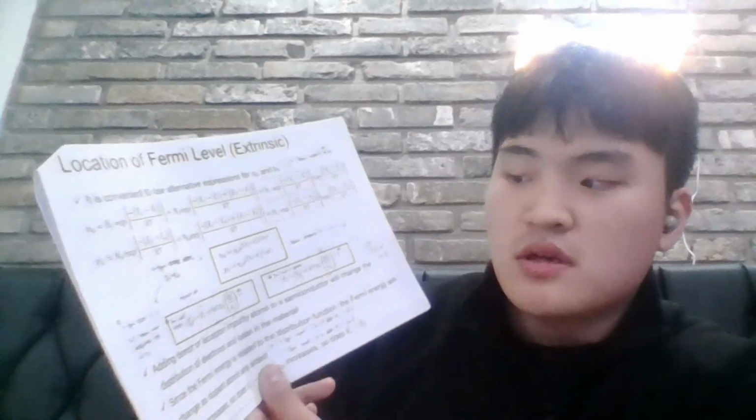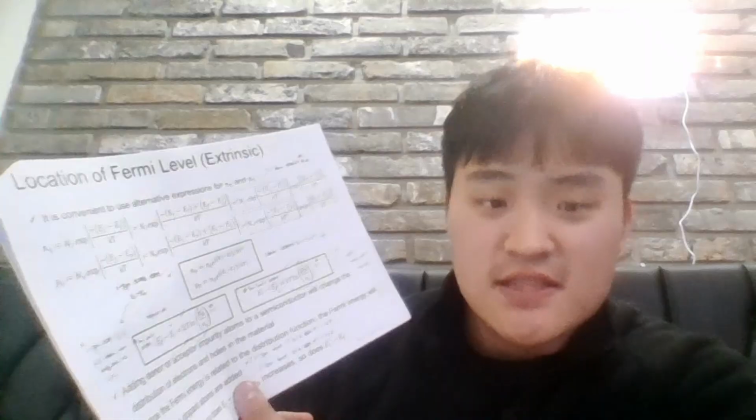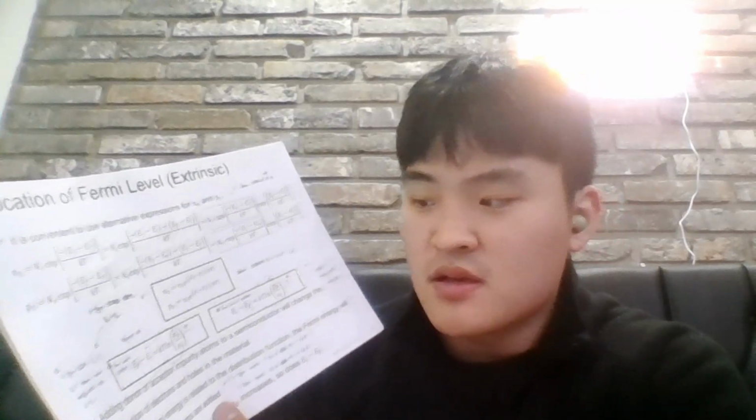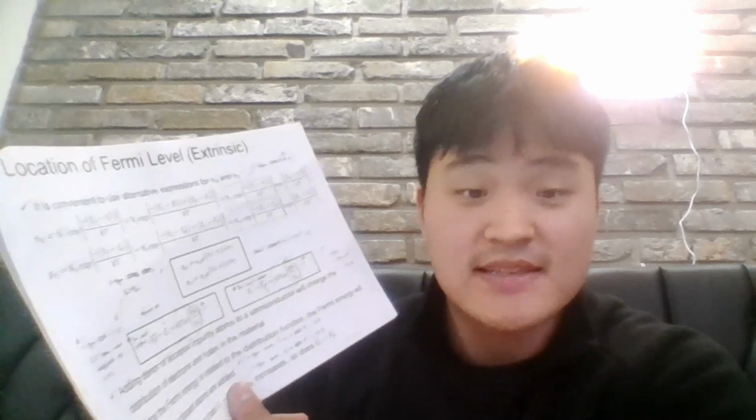So by the difference between the two carriers, in an n-type semiconductor, the Fermi energy level goes higher than the intrinsic energy level, that is the mid gap of the band gap.